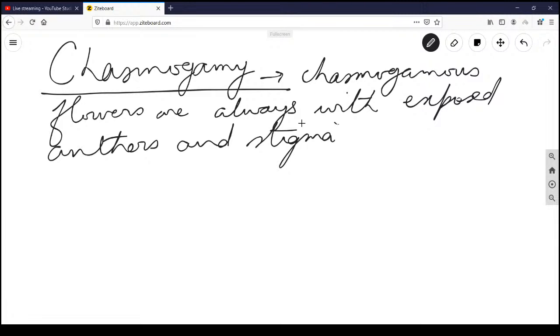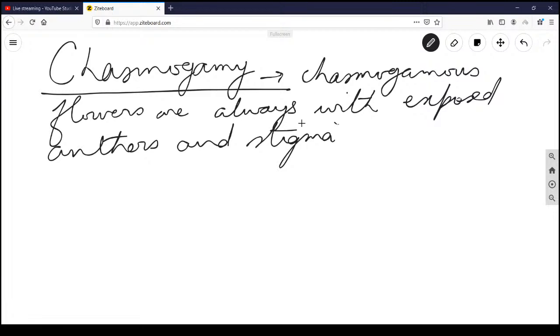Now, in a normal flower which opens and exposes the anthers and stigma, complete autogamy becomes really rare. Autogamy in such flowers requires what? It requires synchrony in pollen release and stigma receptivity. Only then can you think of autogamy, because it is the transference of pollen grains from the anther of a flower to the stigma of the same flower, which must again be a bisexual flower. But it really decreases if the flowers have exposed anthers and stigma.